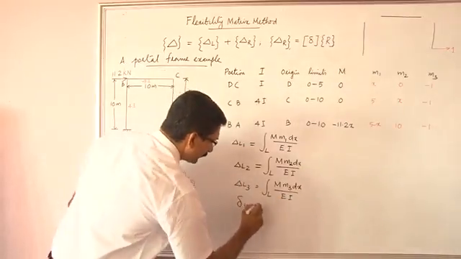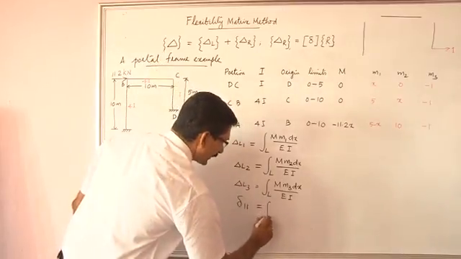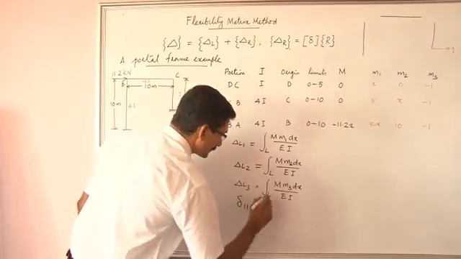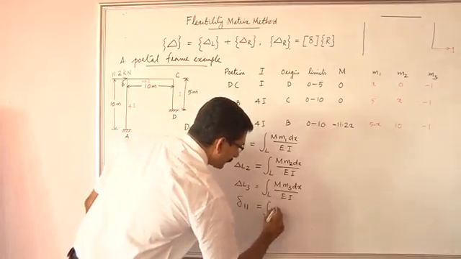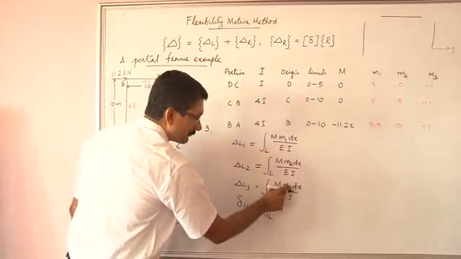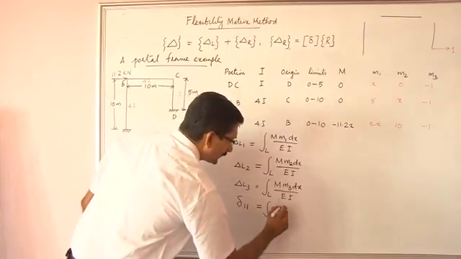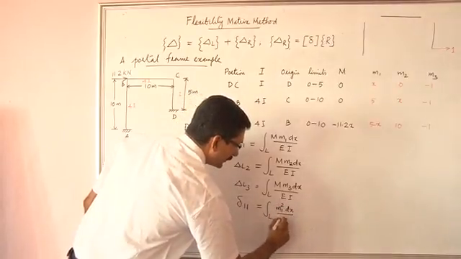So the first one would be given by delta 11 is equal to integral over the length of the portions, small m1 in place of capital M and small m1 in place of small m, that is small m1 square into dx divided by EI.